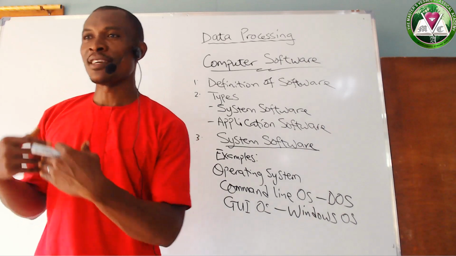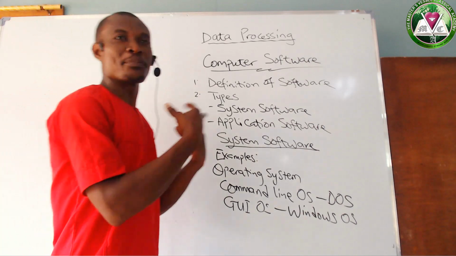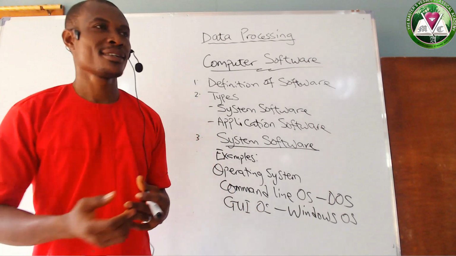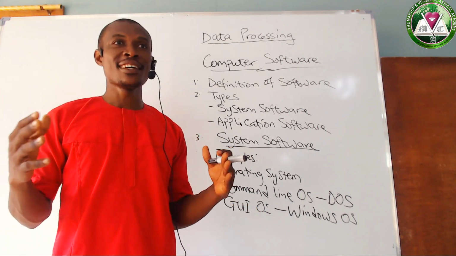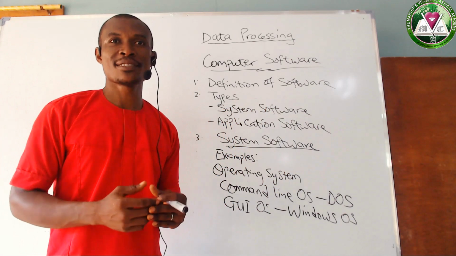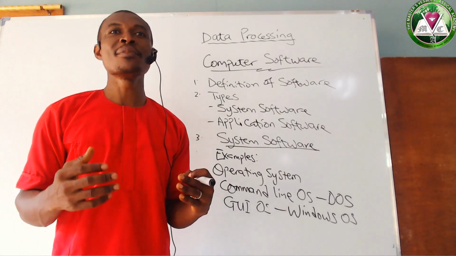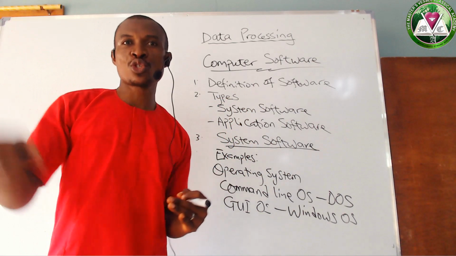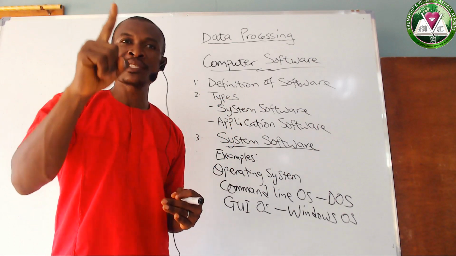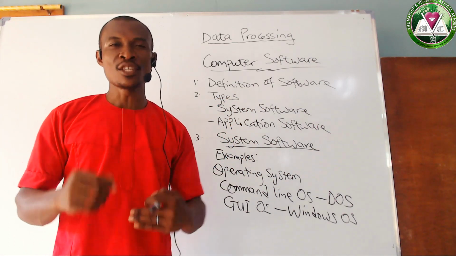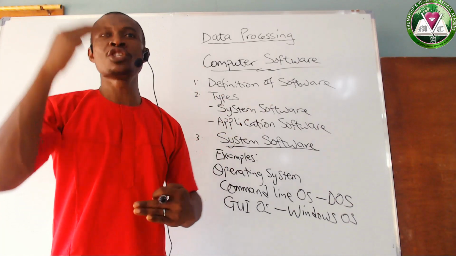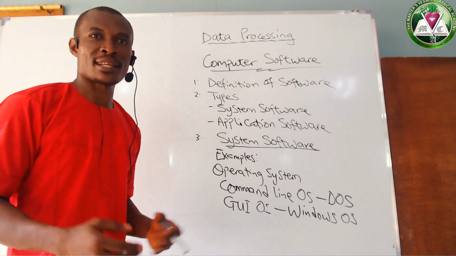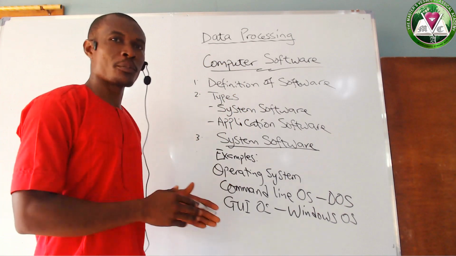You have the scanner, you have the printer, you have maybe the camera, especially in a network environment. The operating system enables the users there to use, even if it's one printer that is available there, it will know how to allocate time to each of the users to make use of the printer or the scanner. That is the job of the operating system.